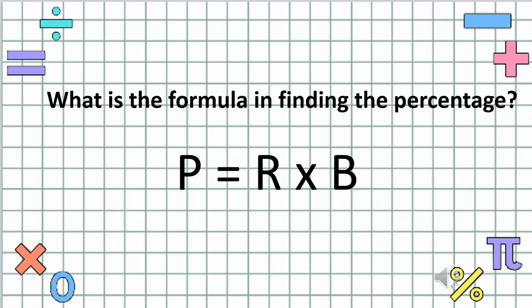Yung rate, ito yung number compared to 100. It usually has either a percent sign or a word percent. So, yung nakikita nyo dyang number na may percent sign, that is what we've called the rate. Imo-multiply natin siya sa base. Alin yung base? Yung base yung number na nagre-represent sa whole or the entire amount. Okay? So, imo-multiply lang natin ang rate at ang base for us to get the percentage.